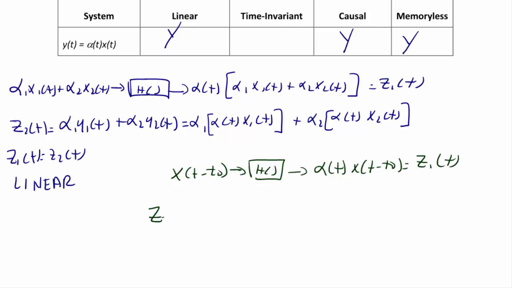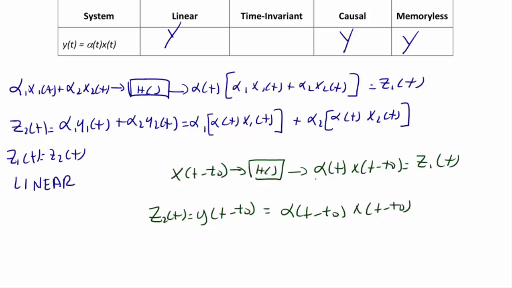z2 of t is going to be the output due to x of t, delayed by t naught. So that's y of t minus t naught. So in this case, you find every t in the output and delay it. So that's alpha of t minus t naught, x of t minus t naught. So you can immediately see that we have a problem here.